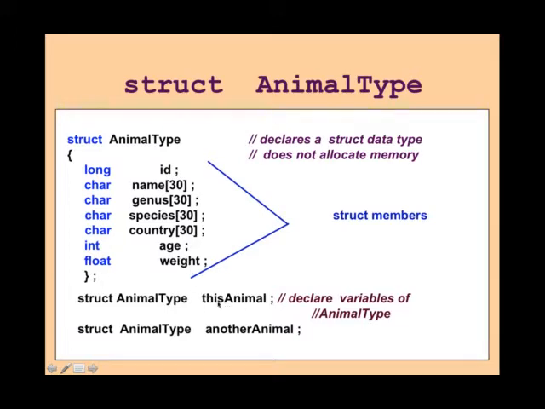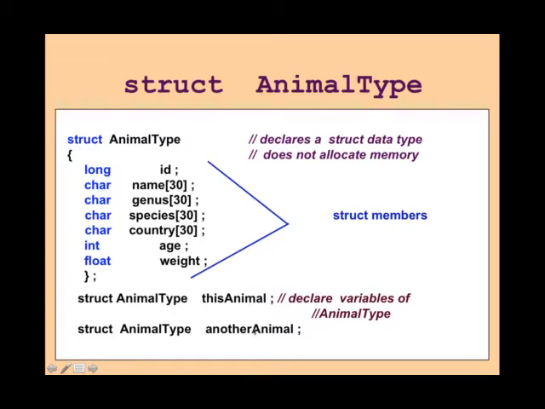If I do this declaration, this itself does not allocate any memory. This is just a template or prototype for the struct animal type. But once I do this declaration inside the main function, struct animal type this animal, struct animal type another animal, and then fill the values, then we'll see the picture that we saw before.